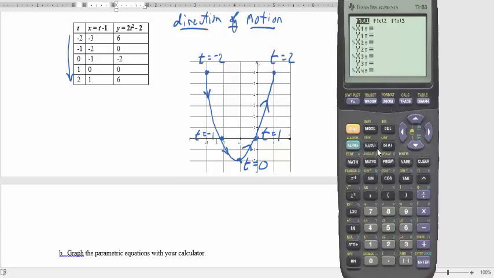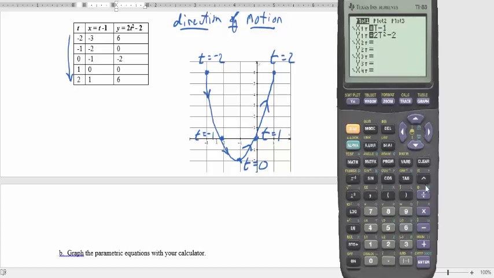And I use the same button that I used for my input variable with functions, this button that says x, comma, t, comma, theta, comma, n. That's why it says that, because each of those variables is used in a different mode. So we use the t when we're in parametric mode. So x1 equals t minus 1. y1 is going to be 2t squared minus 2. And that's it.